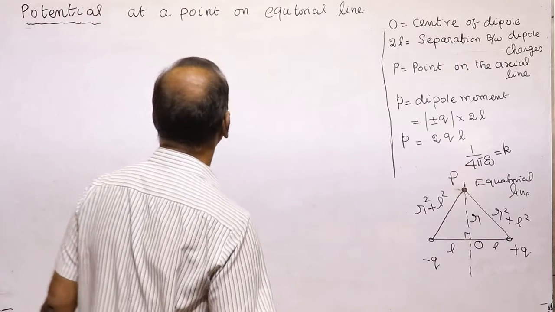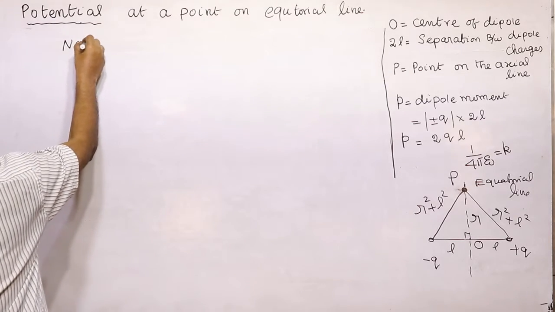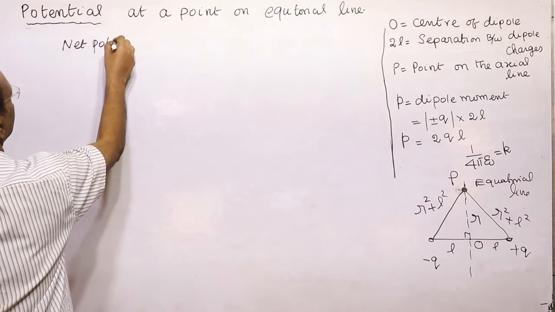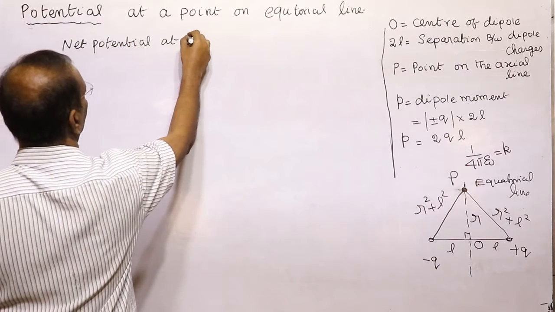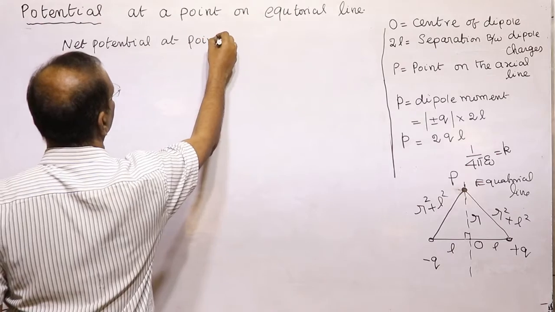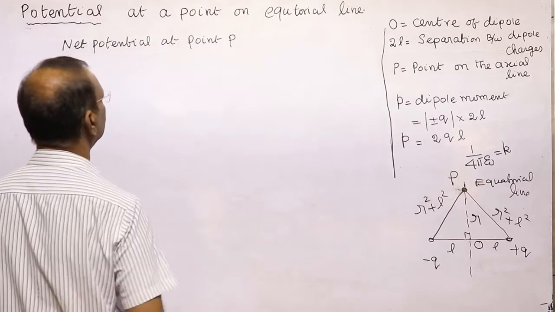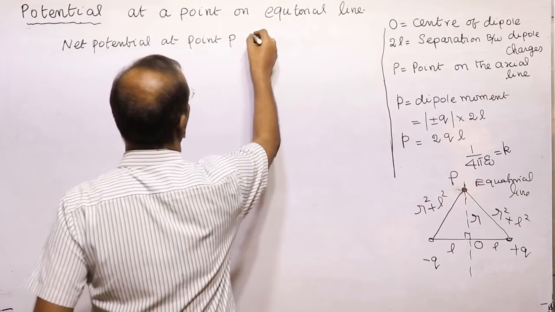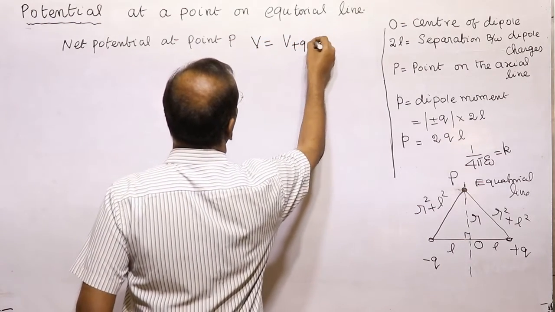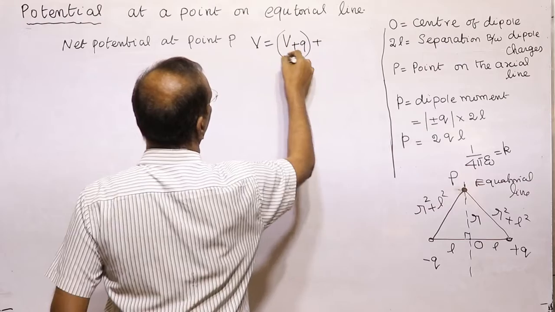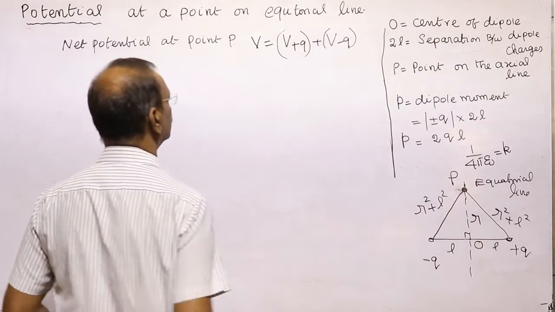So what is the net potential at point P? V is equal to the potential due to plus q plus the potential due to minus q charge of the dipole.